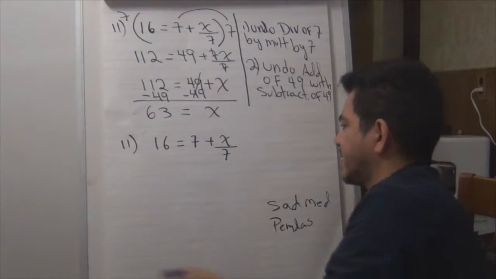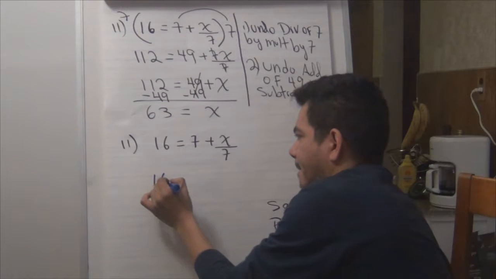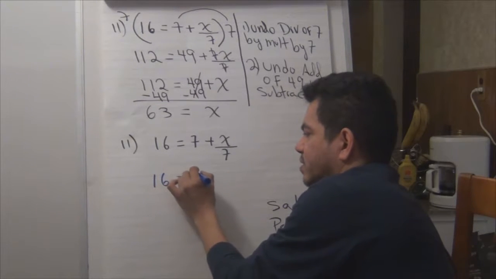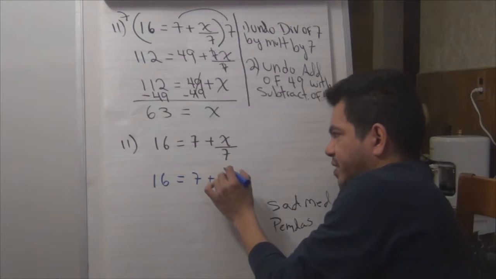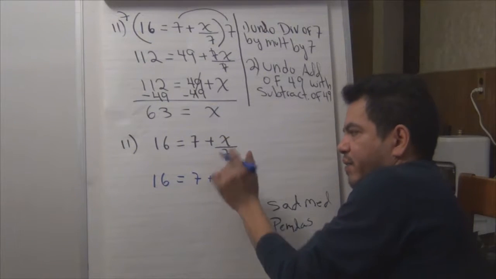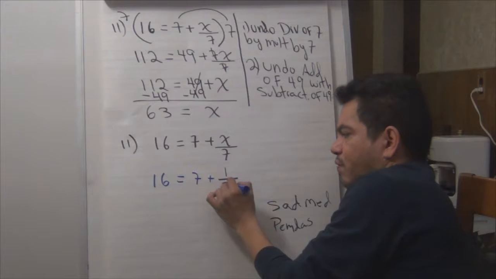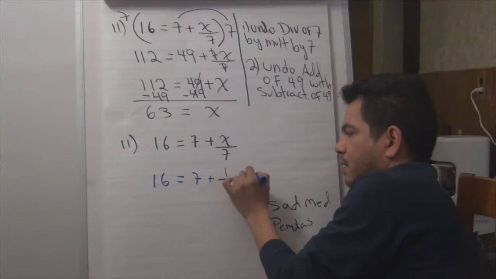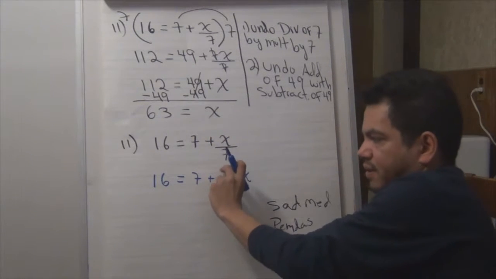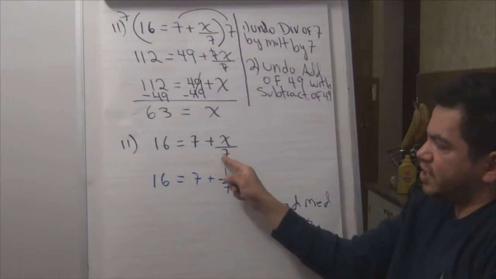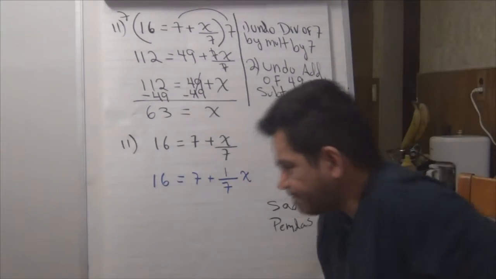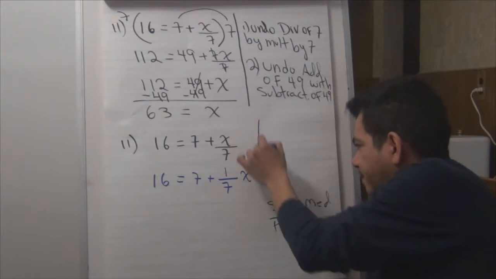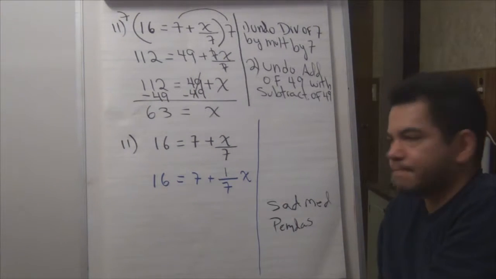I have to write this as 16, okay, equaling 7 plus, watch this, 1 over 7. See, I separate the number part. 1 over 7 times x. Okay, cool.